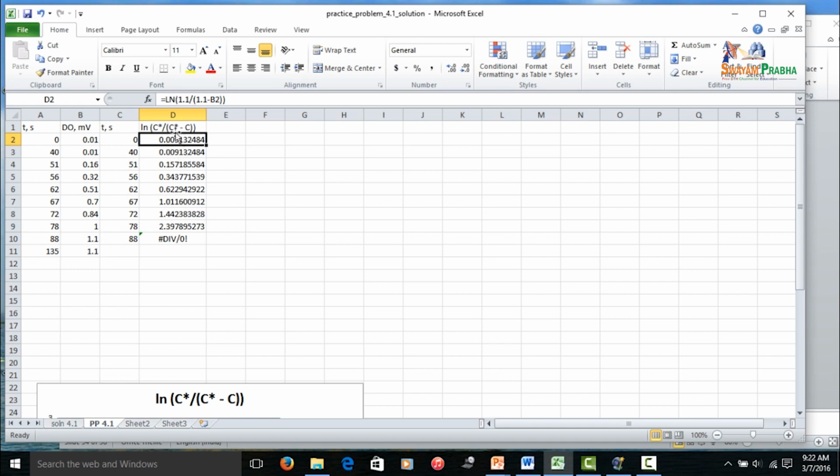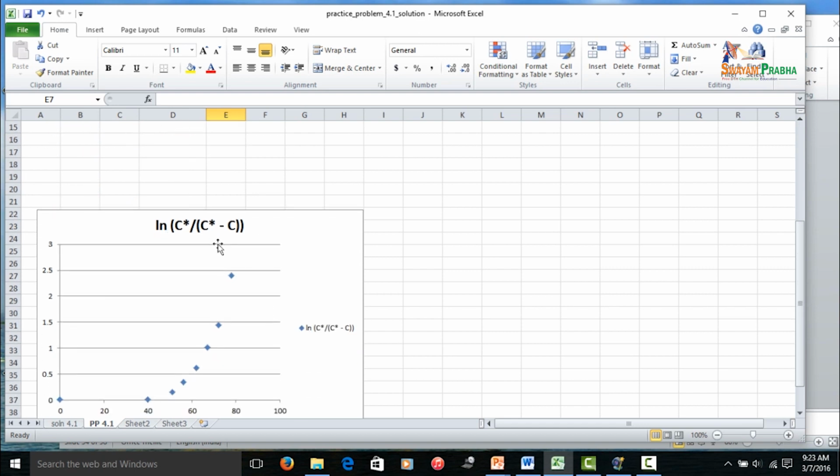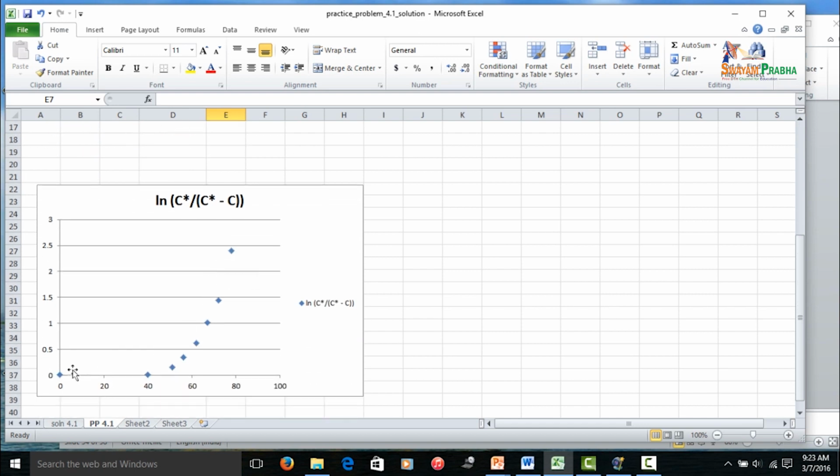If you look at the formula here, natural log of 1.1 divided by, in the denominator, 1.1 minus the DO value in terms of millivolts. That's the way this is calculated, and these are assigned to the same times that are given here. If we plot log of C star by C star minus C versus time, you get a curve something like this.